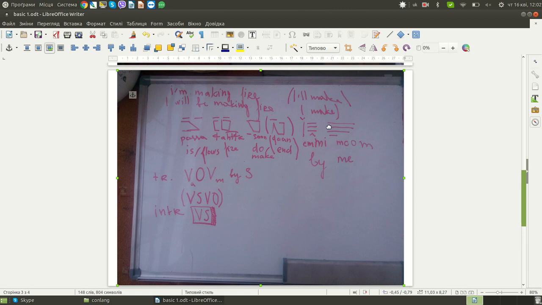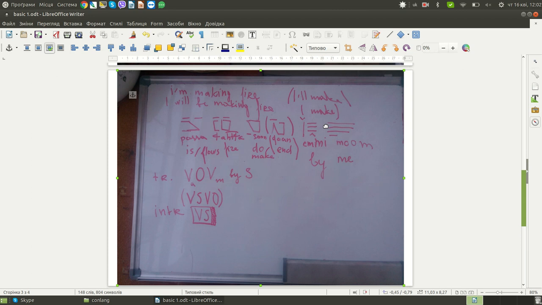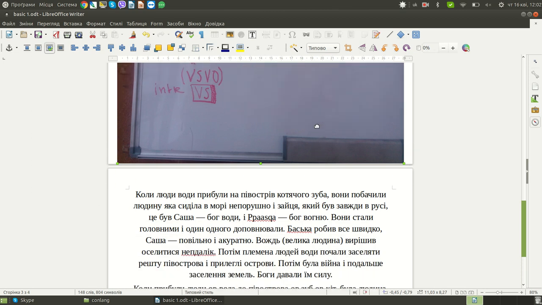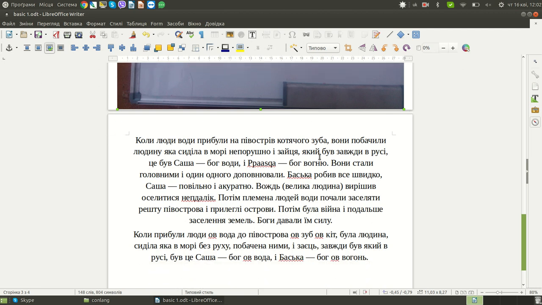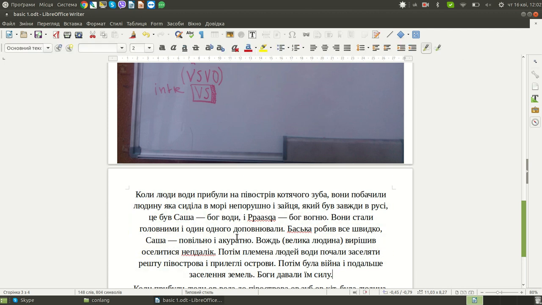Had maken or made. So you understand me. Either maken or made. I for some reason forgot the past participle of the verb to make in English.